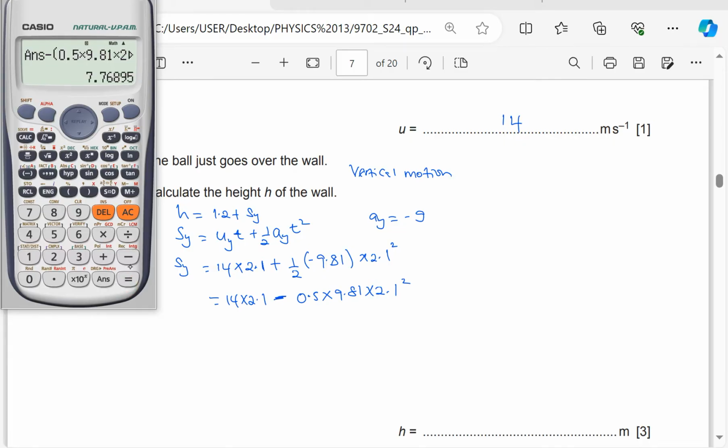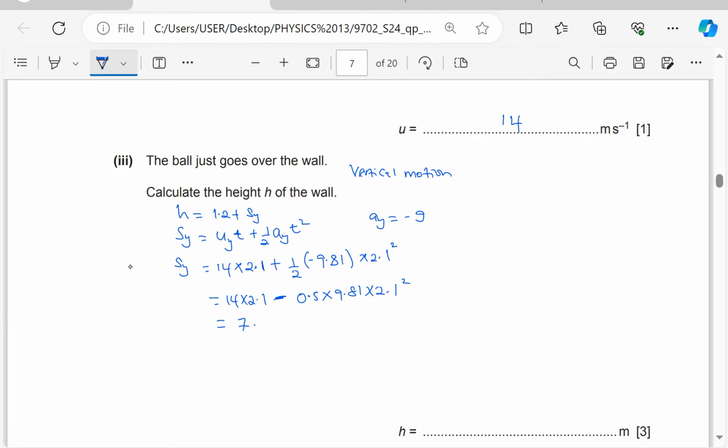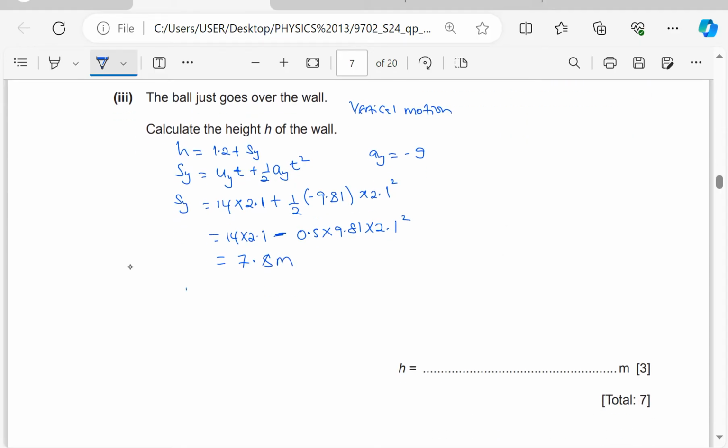So this is giving me 7.7 something. Let me just round off to two significant figures. So it will be 7.8. So s in the vertical is going to be 7.8 meters. But remember, we said h is 1.2 plus 7.8, which when you combine, you get 9.0.